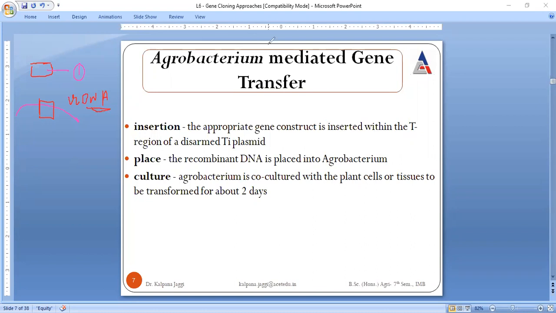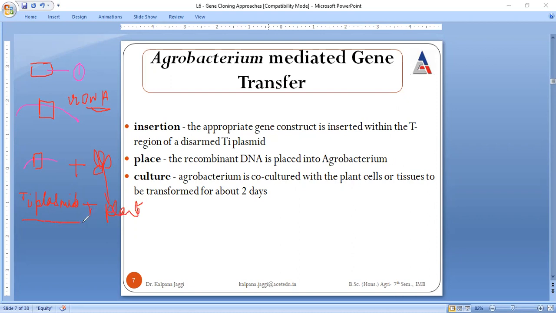Now this recombinant DNA is to be placed along with, or near to, the plant that is actually to be transformed, into which you want this to be inserted. But here it is not easy, because it is present in the Ti plasmid, and you have placed it near the plant.